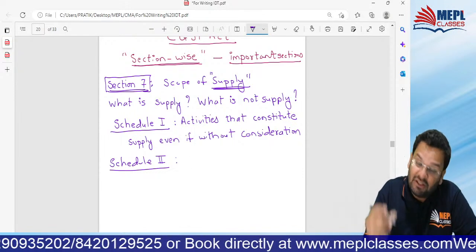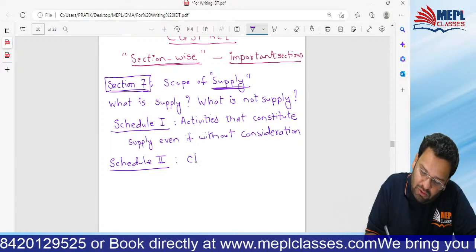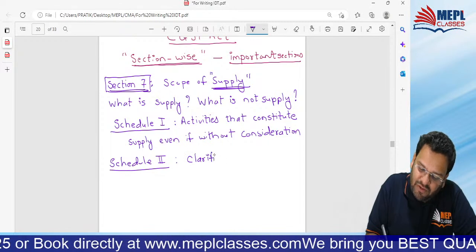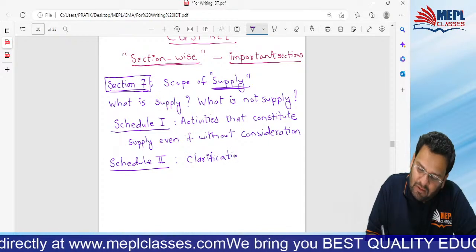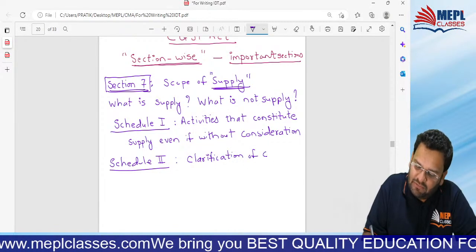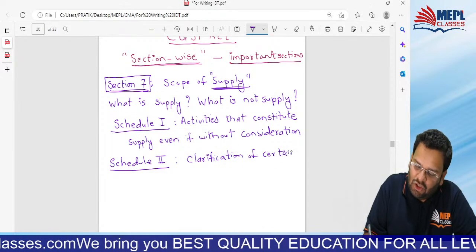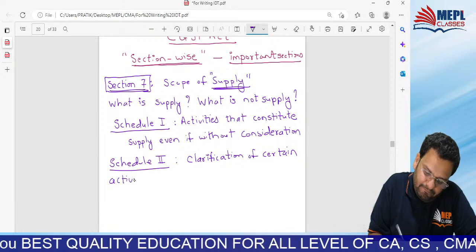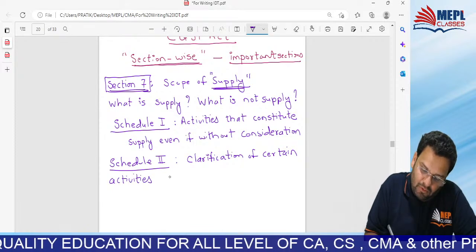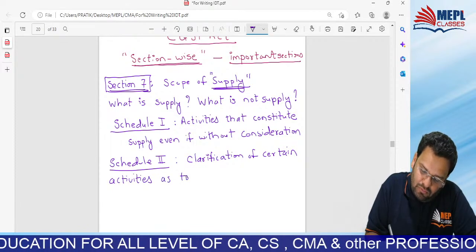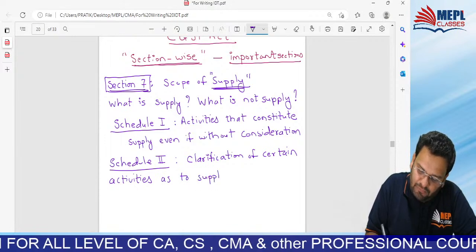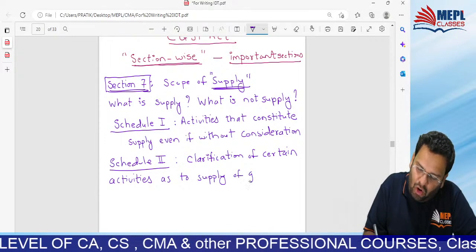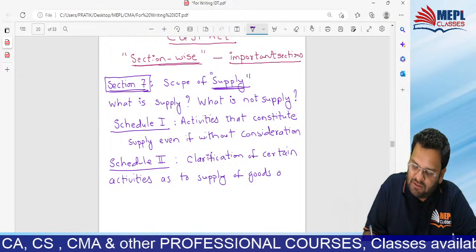In short, schedule 2 is about clarification of certain activities, okay, as to supply of goods or services.